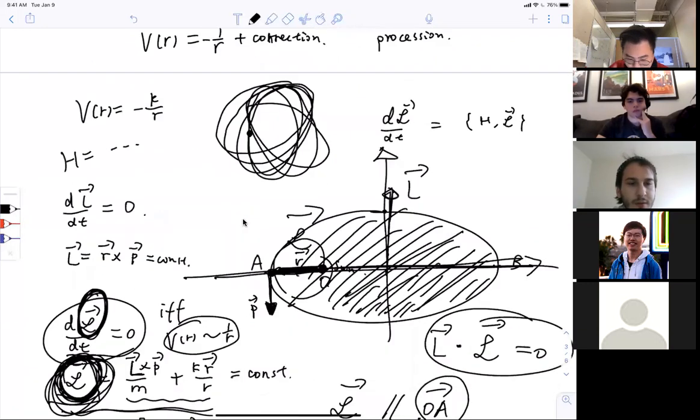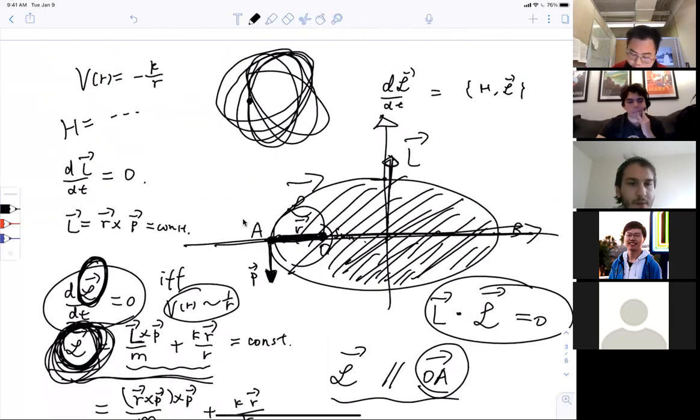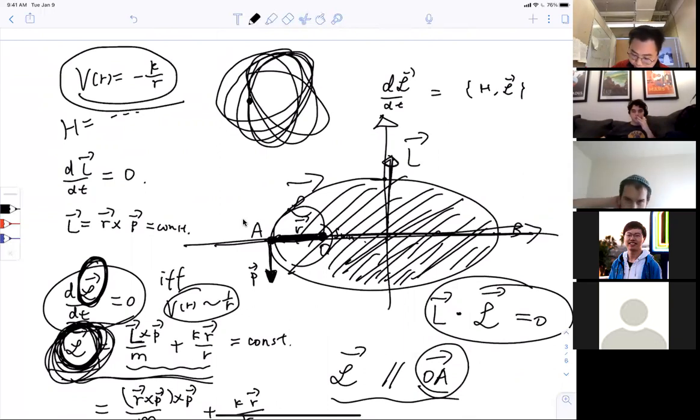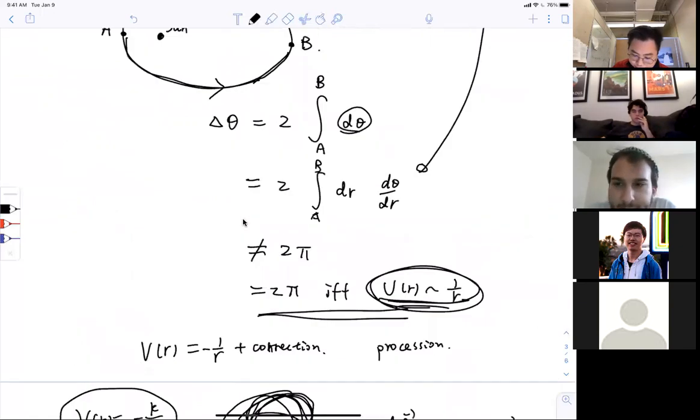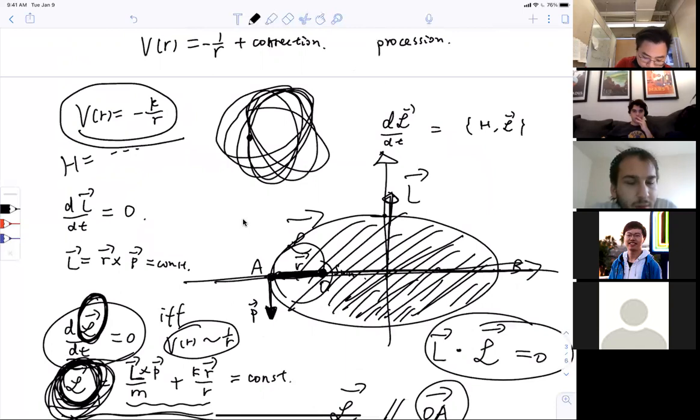So I guess the logic here is, I'm just providing another way to understand why, when your potential is 1 over r, the orbital is closed. Of course, we can make this statement more rigorous. I'm pretty sure you can do that by putting in more math. The first thing to do is what I said here, you can do this kind of integral stuff. Here I just provide another way, by introducing this curly L to make the connection to the quantum, like we learned in class.